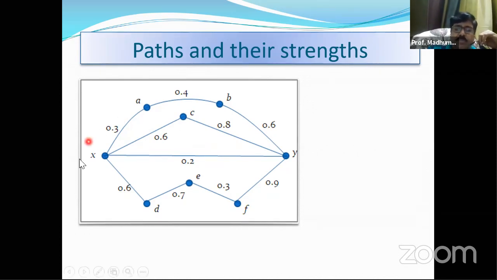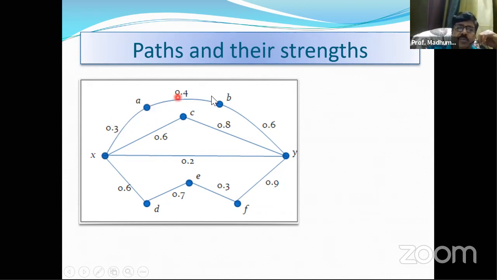So this is a very simple, small example of a fuzzy graph. Here x and y are the end vertices, and a, b, c, d, f are the other vertices. The number associated with each edge is written here. So the membership value of the edge XA is 0.3.